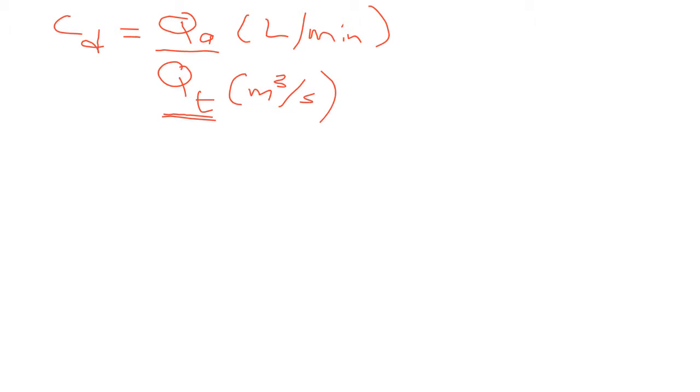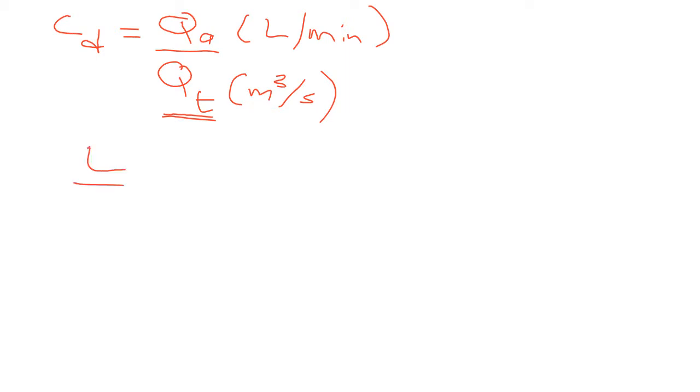Now, when you have liter per minute divided by meter cube per second, you must use a conversion factor. Either you convert meter cube per second to liters per minute, or you convert liters per minute to meter cube per second. But the simplest way is to convert to the SI unit, liters per minute to meter cube per second. And how do you do that?